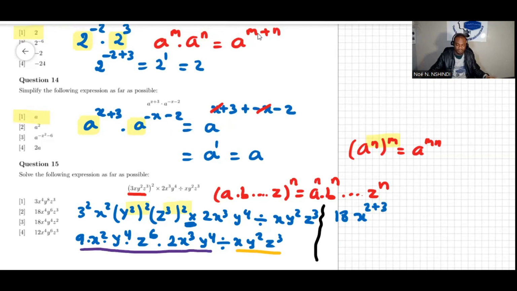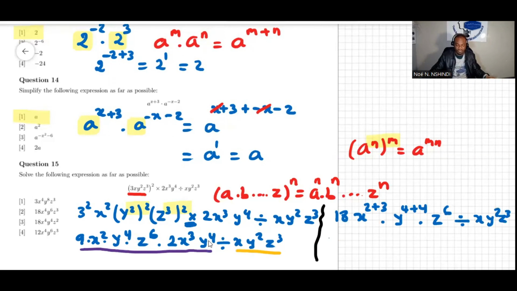And then with the y, we have y to the power 4, and then y to the power 4, so this makes 4 plus 4. With the z, that makes z to the power 6, and then divide by x y squared z cubed.